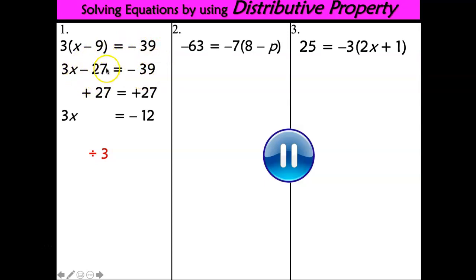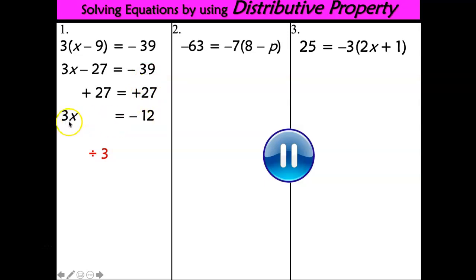We want to get rid of -27 because we want to isolate 3x, or the term with the variable. So we do that by doing the opposite. So -27, the opposite is +27, and we should do it on both sides. So +27 will get rid of -27, so bring down 3x. -39 plus 27 is -12.